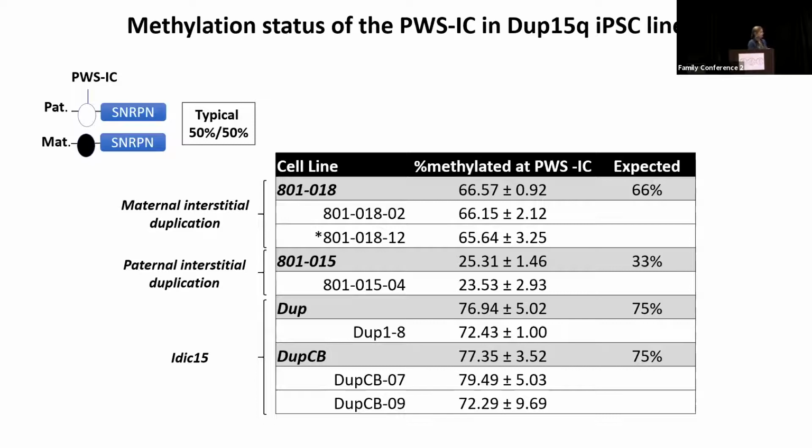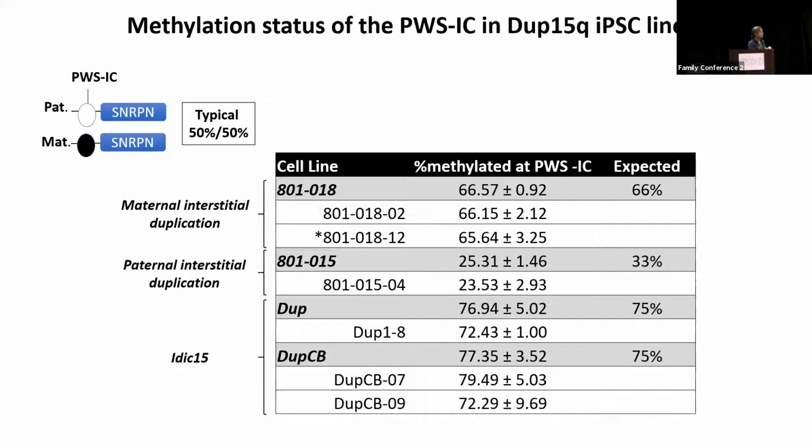But importantly, and this will become important later in the talk, our idic cells have 75% DNA methylation. So you and I sitting in here all have one paternal allele and one maternal allele. Dad's copy's unmethylated, mom's copy's methylated. And so we have 50% methylation, right? 50% methylated, 50% unmethylated.